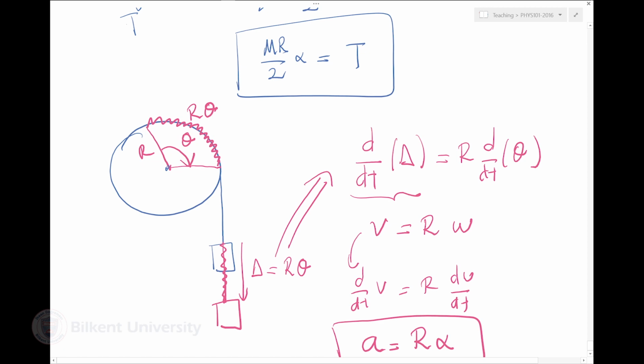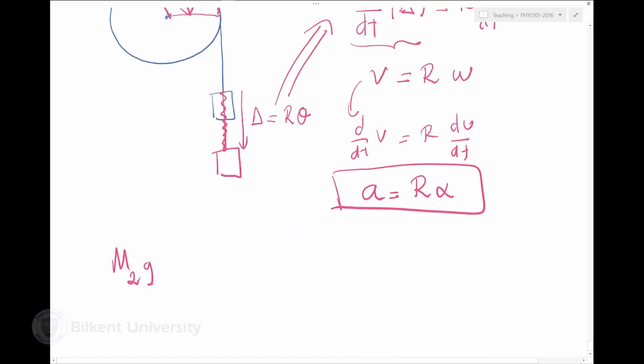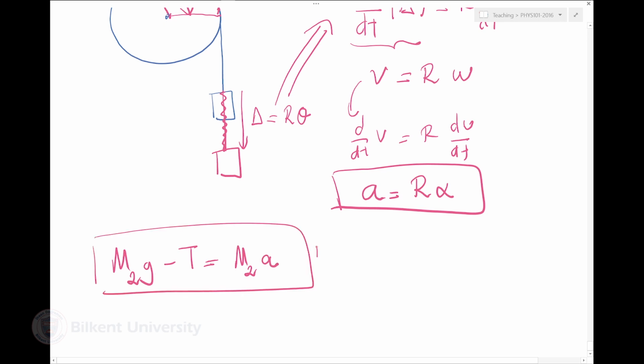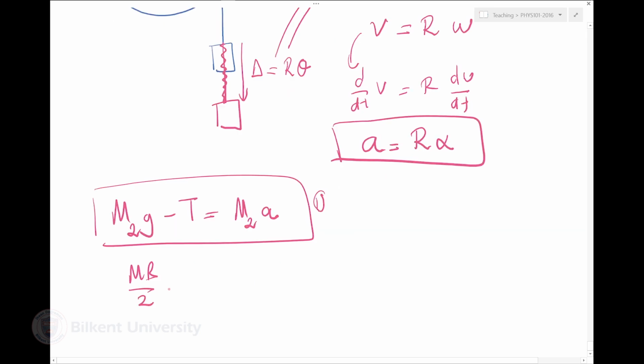Let's write them. M2G minus T is M2A. First equation. Second equation is M1R over 2 alpha is T, right?